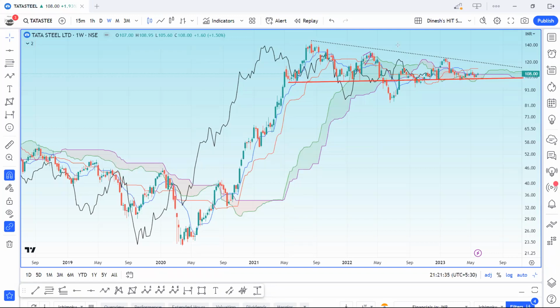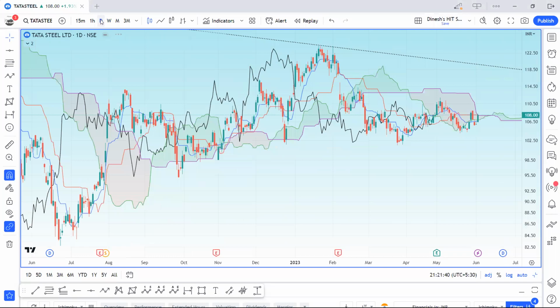Will it work again or not? Let's have a look now at the lower time frame to further judge the scenario. In the daily time frame, we can see what I just explained, that each time there is some scenario, it comes to push it up from there. Now, as per Ichimoku, it's closed just at a resistance, but this resistance was taken out a couple of days back. So this could be a small pullback happening in this zone.